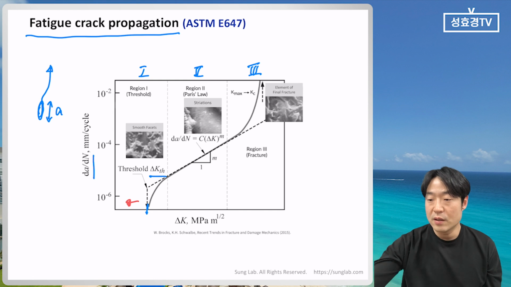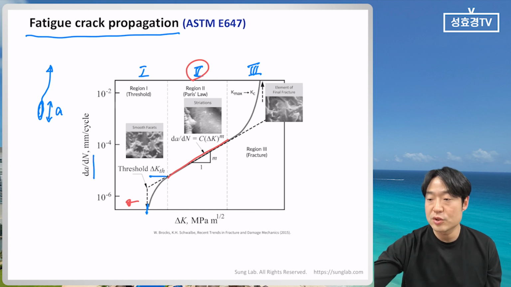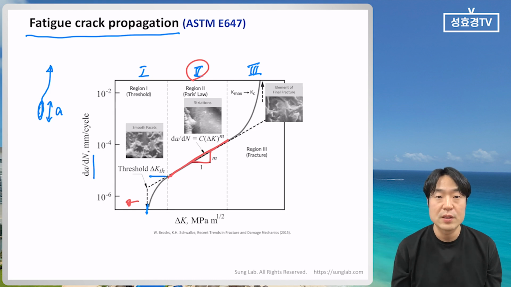Then in stage 2, there is a log relationship: da/dN equals C delta K to the M. When we change it to the log scale, the slope is M. We call that the Paris law.